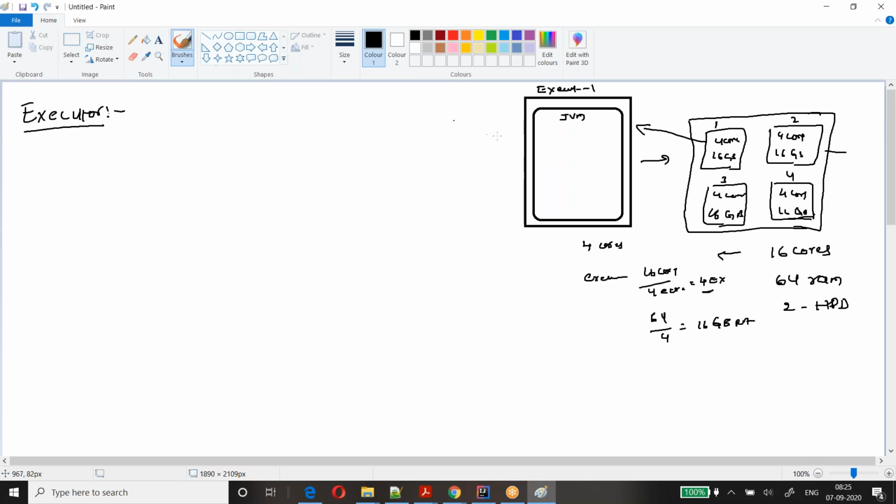You have 4 cores where you can run 4 parallel tasks. It's quite important. The reason I explain this in so much detail is because we will keep talking about executors. We should know what an executor is.